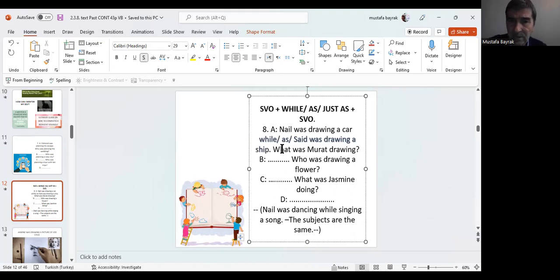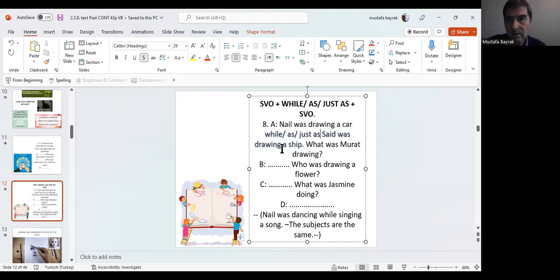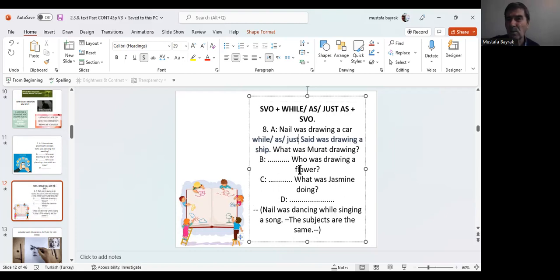Just as is also possible: Said was drawing a ship. No, just as I think is a point of time, just as he finished, for example. It is better using it like this. Okay, let's go on.